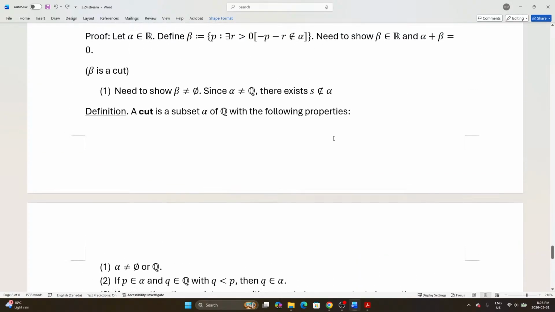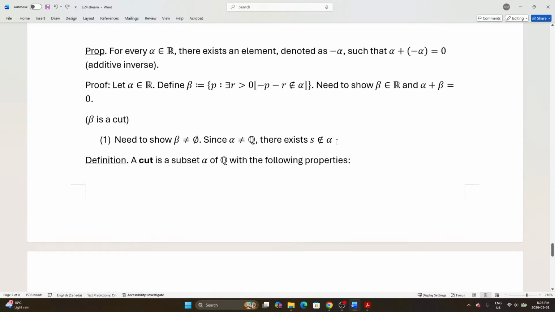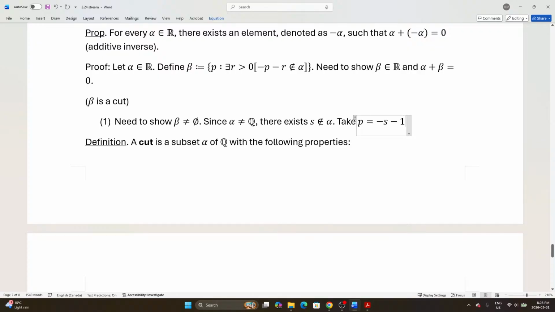So let's take P equals minus S minus 1. I want to show this is in beta. How do I do that?